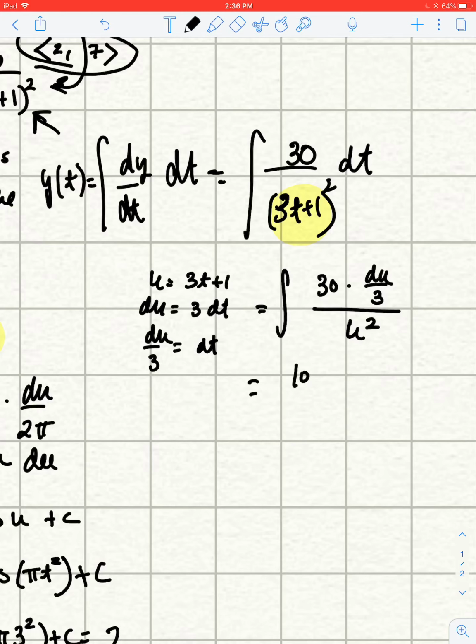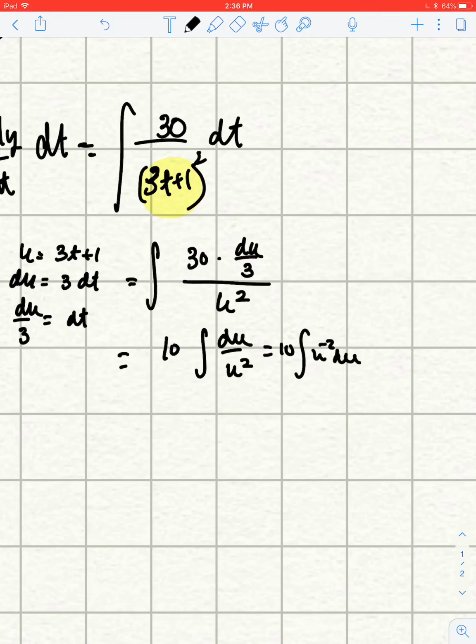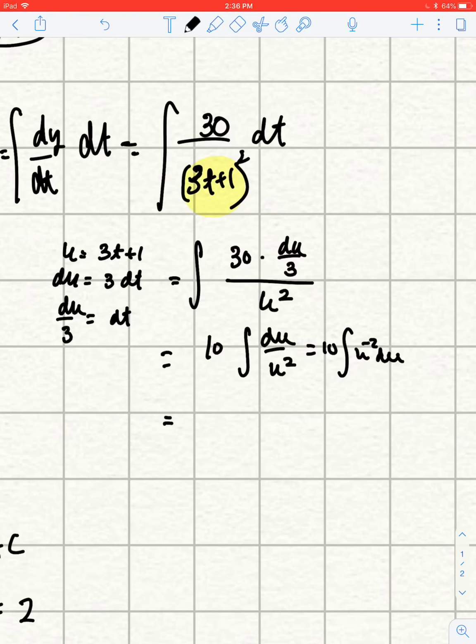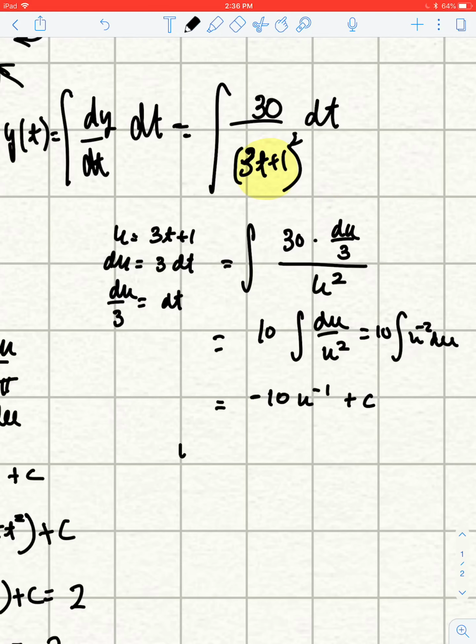That's going to give us 10, and then du over u squared, but if you don't like it that way, u to the negative 2 du. And then the antiderivative is going to be negative u to the negative 1 plus c. So we have y of t, plug in your u.